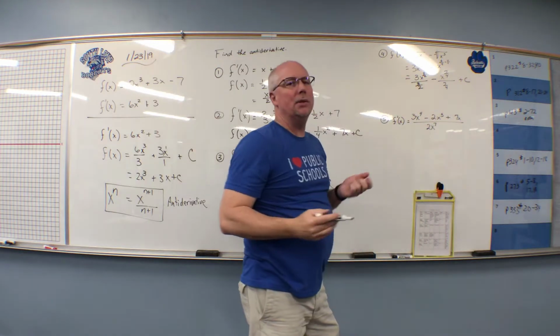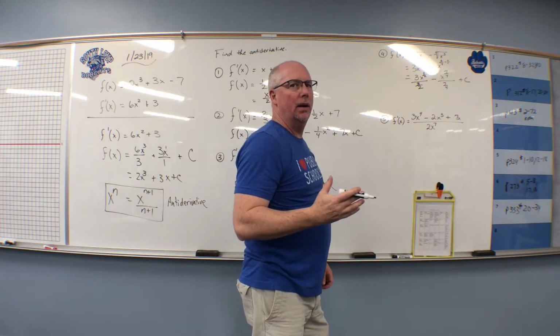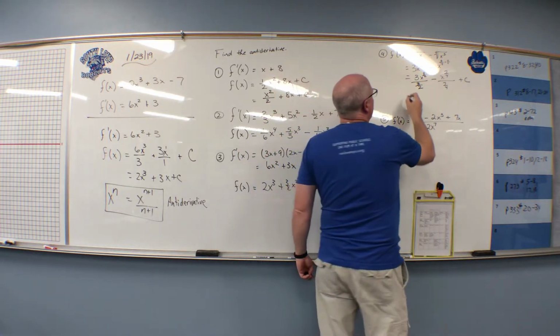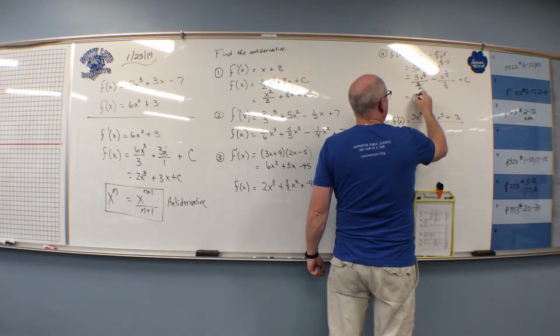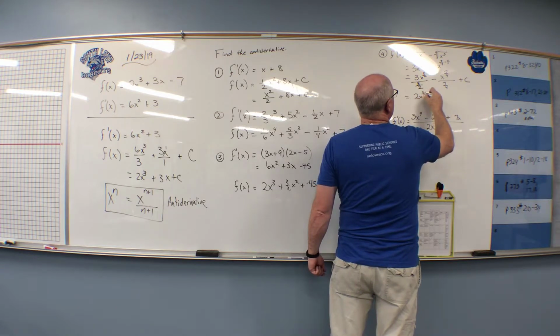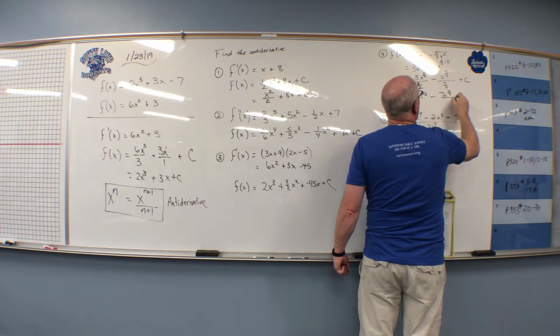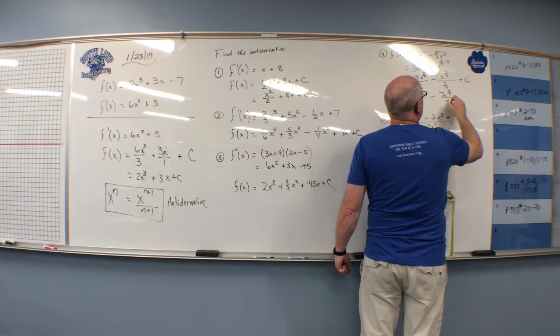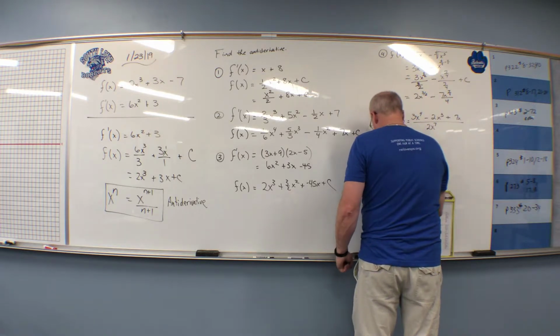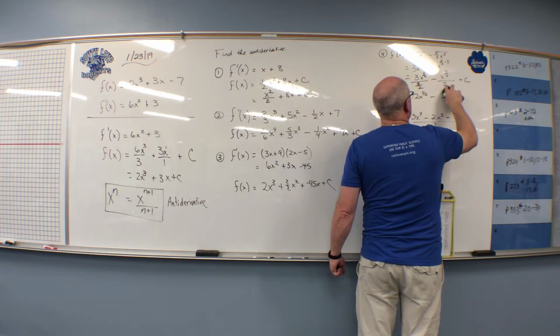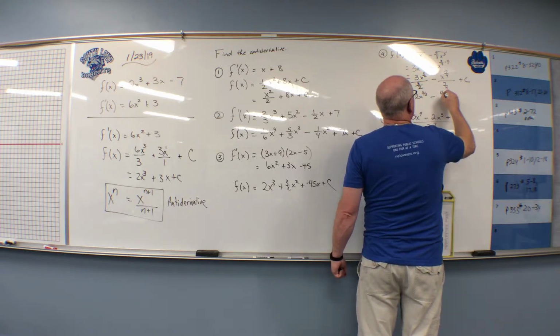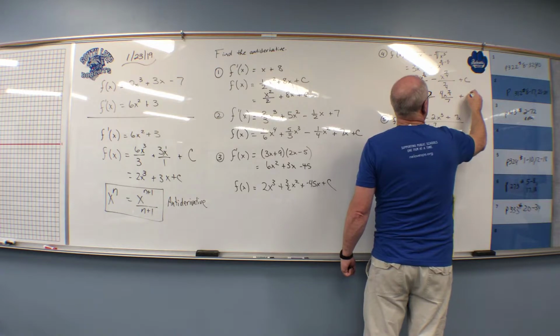What happens when you divide by 3 halves? You end up multiplying by 2 over 3. So what happens to the 3's? They cancel. So you get 2x to the 3 halves minus x to the 7/4 over 7/4. Dividing by 7/4 means multiplying by 4/7, so it's 4x to the 7/4 over 7, plus c.